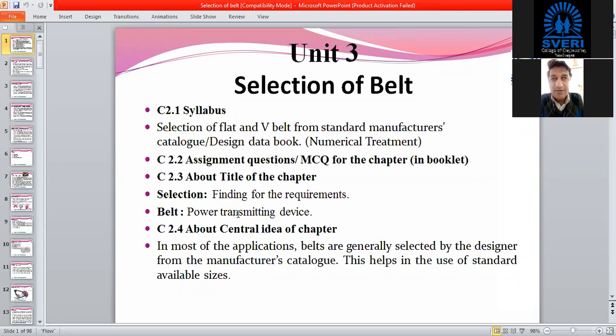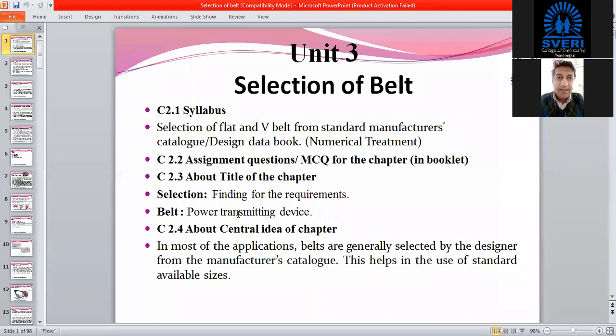That means for transmitting power we are going to utilize that belt, and instead of wasting much more time on that belt design, the designer can directly select belts from catalogs which are provided by the manufacturer, or from the design data book. That is nothing but the standard design data book which we have to refer.